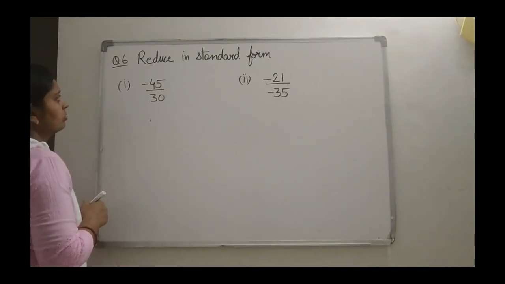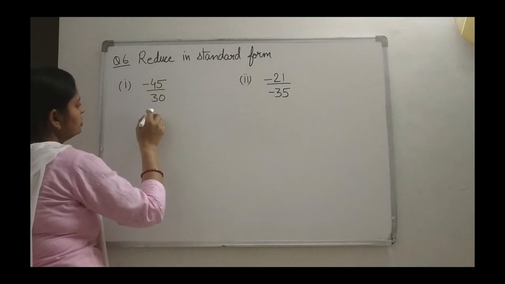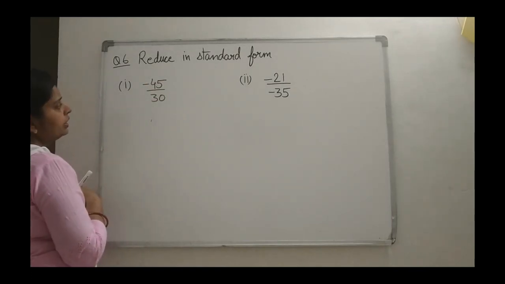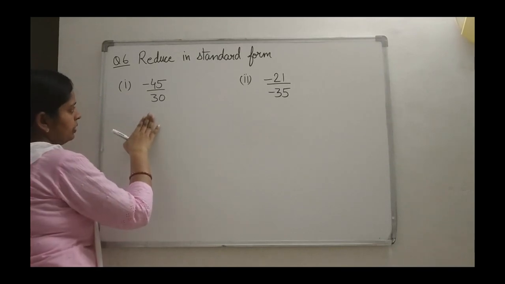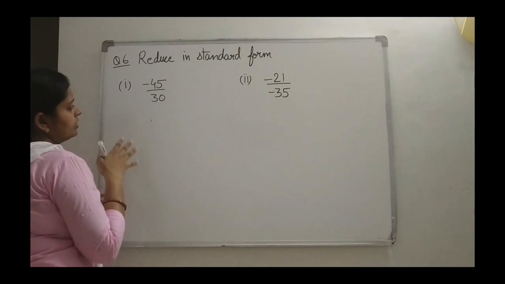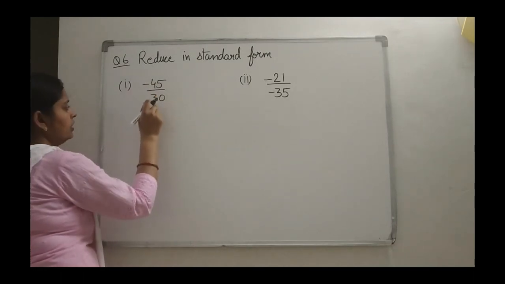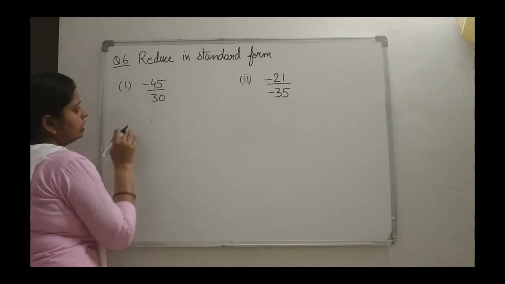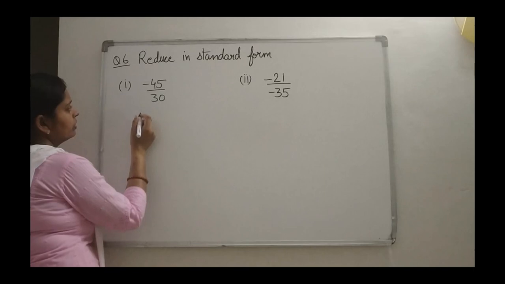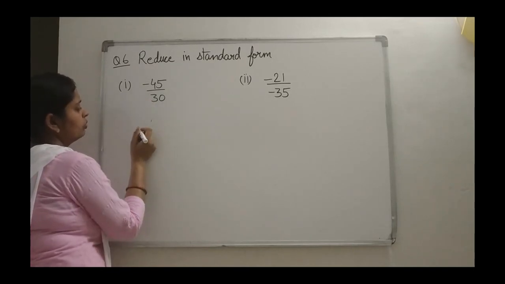Okay? Yes. Now reduce to standard form. We have to reduce these rational numbers to standard form. What was the rule for the standard form? That the denominator should be positive and the numerator and denominator should have HCF as 1. Right? So we can see here 45 and 30 can both be divided by 15, or 5 you can say. So we have to divide the numerator and denominator by the HCF of the numerator and denominator.